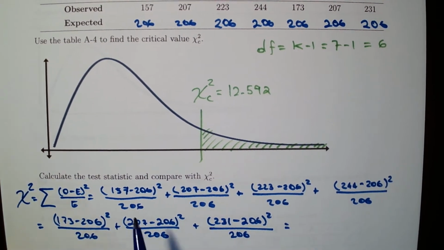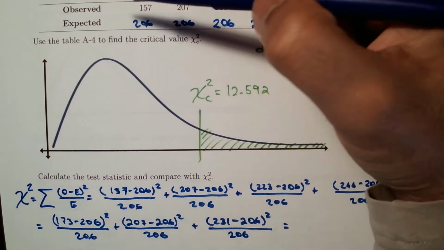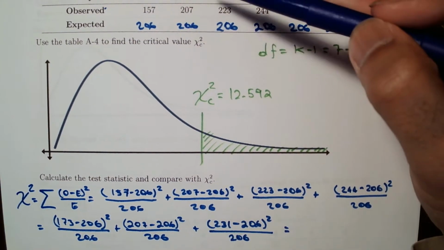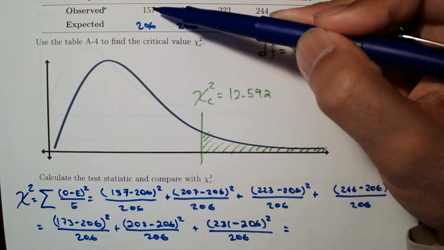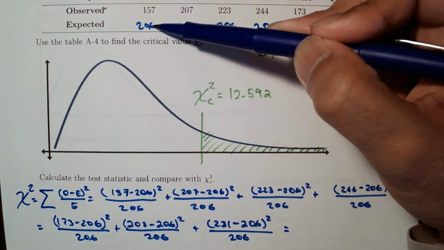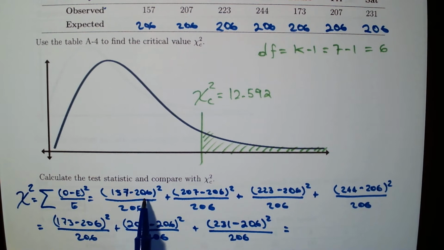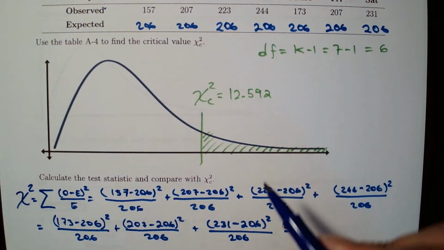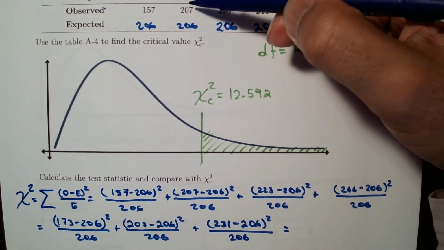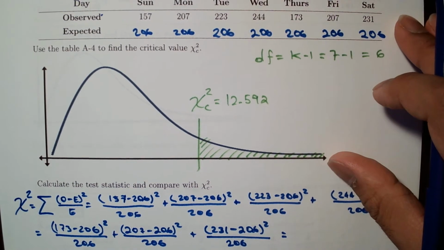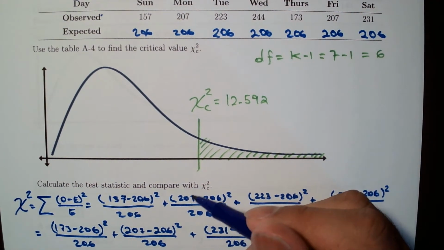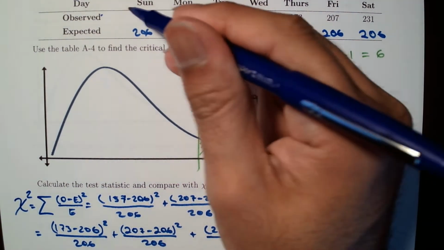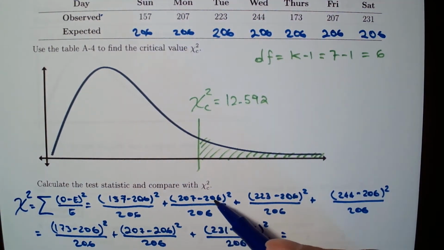The first calculation corresponds to observed minus expected for the first piece of information, that is 157 minus 206, 157 minus 206 squared, and then divided by the expected, which is 206. I'm done with that part, plus the one that corresponds to the second day of the week. In this case, that's Monday. That's 207 minus 206, observed minus expected, quantity squared over 206.